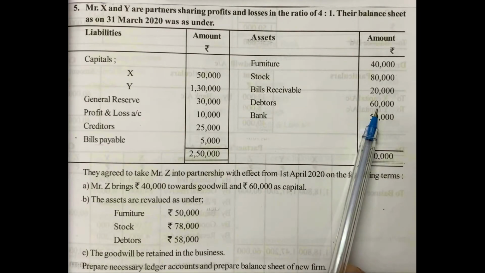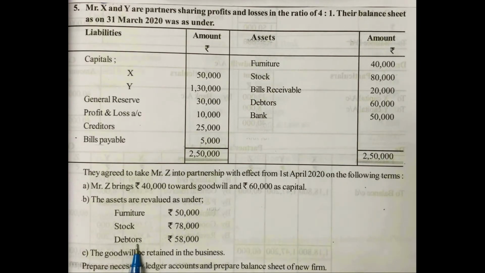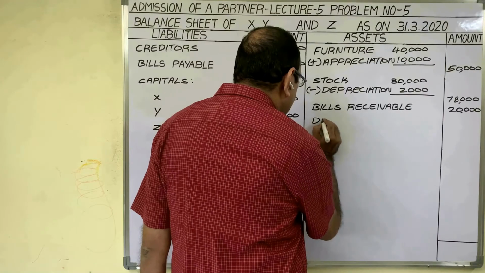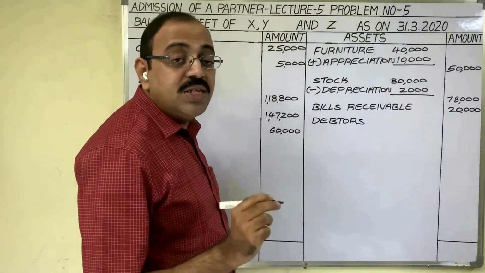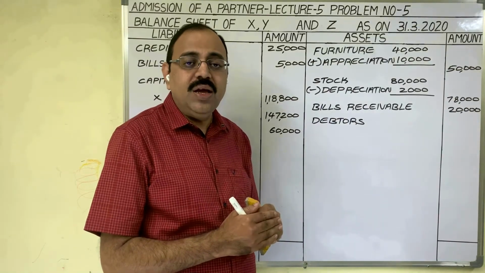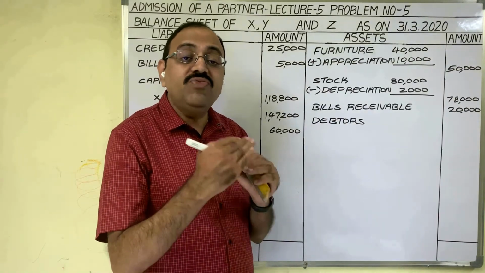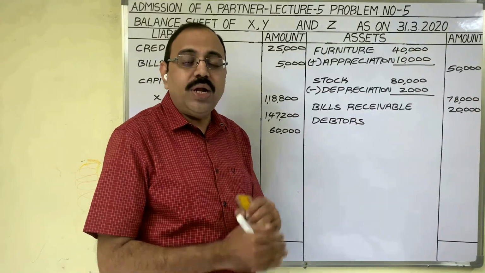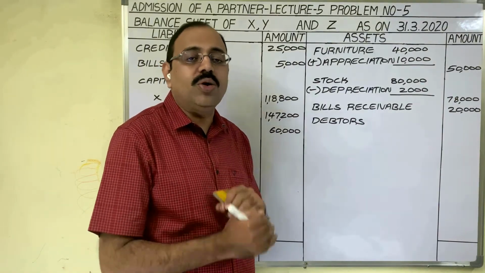Debtors, 60,000 rupees. In adjustments, he is giving that the revalued figure of debtors is 58,000 rupees. In the old balance sheet, debtors value is given as 60,000 rupees, and in additional information, he is giving that debtor value is 58,000 rupees. So debtor value is reduced by 2,000.